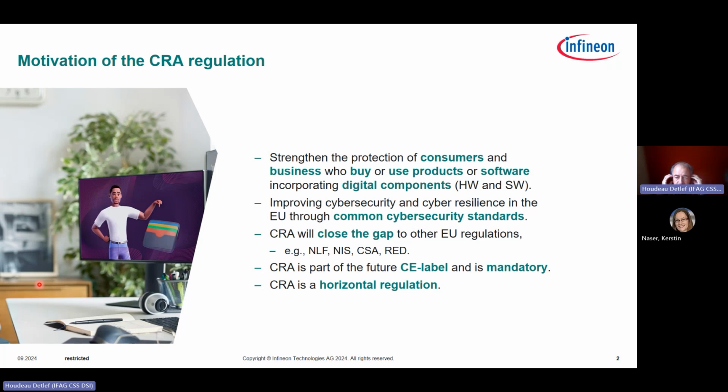The Cyber Resilience Act, in short CRA, will close the gap to other European regulation, for example, the New Legislative Framework, NLF, NIS, Network Information Security for critical infrastructure, CSA, Cybersecurity Act for high secure products, solutions and services, and the Radio Equipment Directive called RED. CRA is part of the CE label in the future.